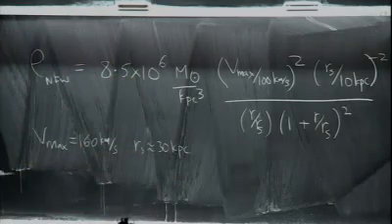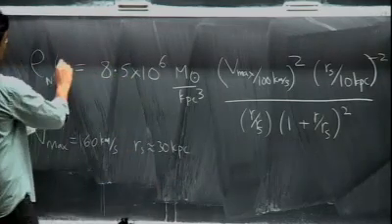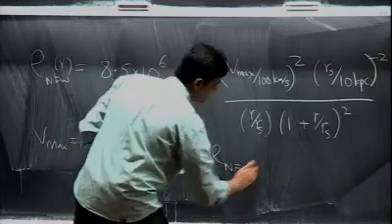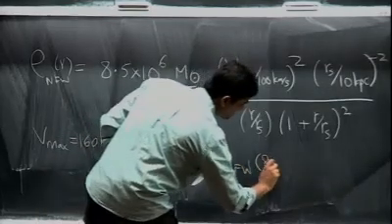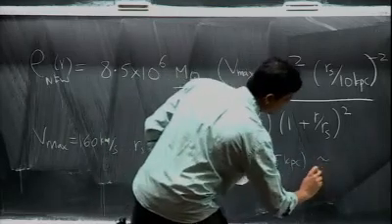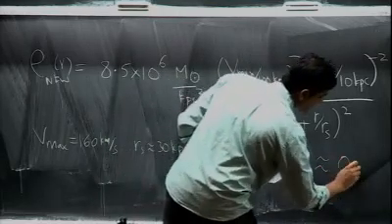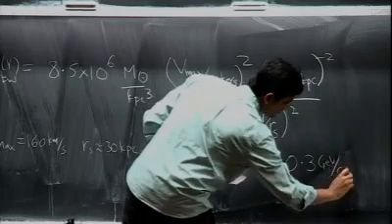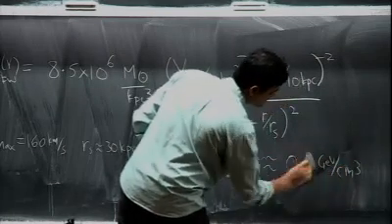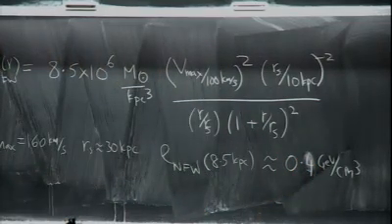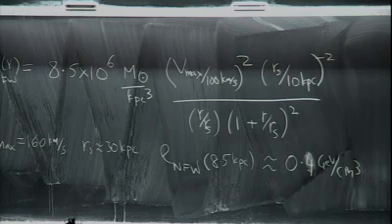Plug it in here and ask yourself, what is the density at 8.5 kpc? And you'll find that this is very close to 0.3 GeV per centimeter cubed. Or it's more like 0.3 or 0.4. So this is the typical halo of the Milky Way. We'll have a Vmax of 160.